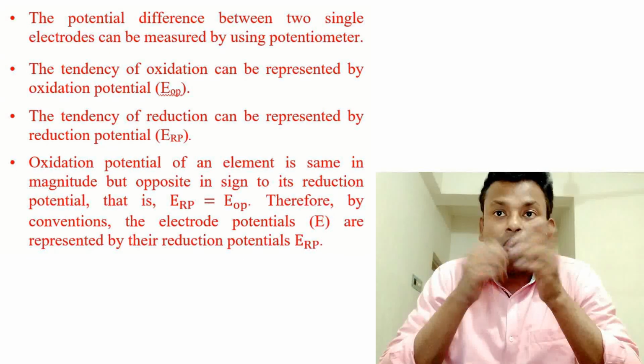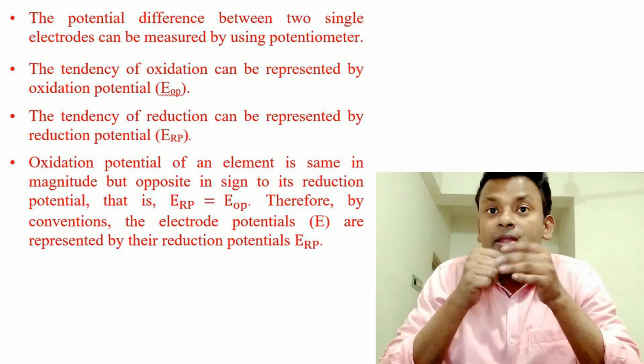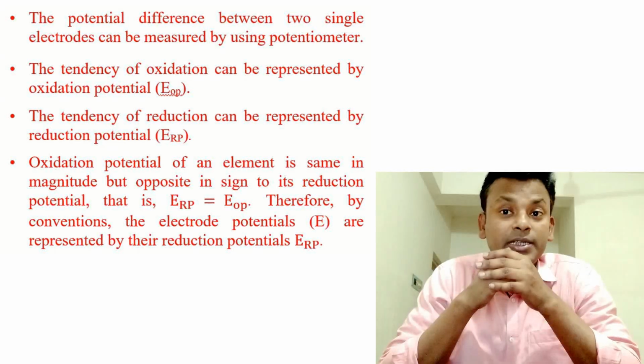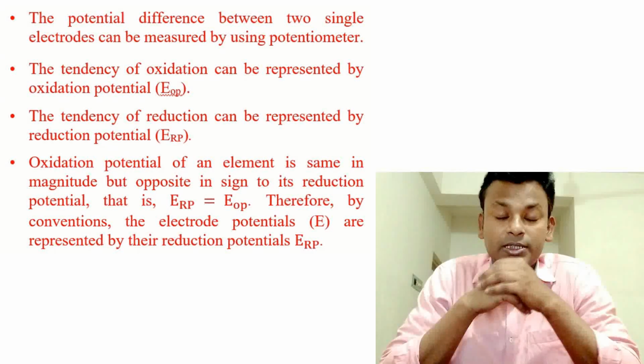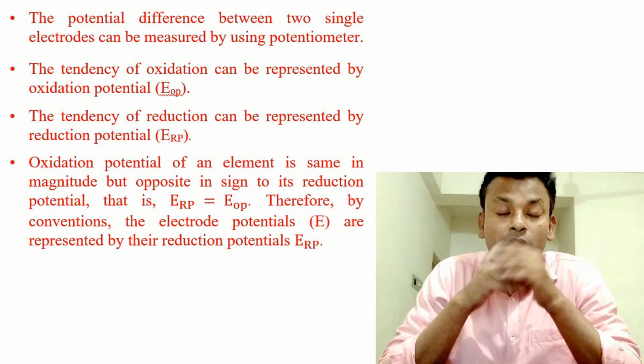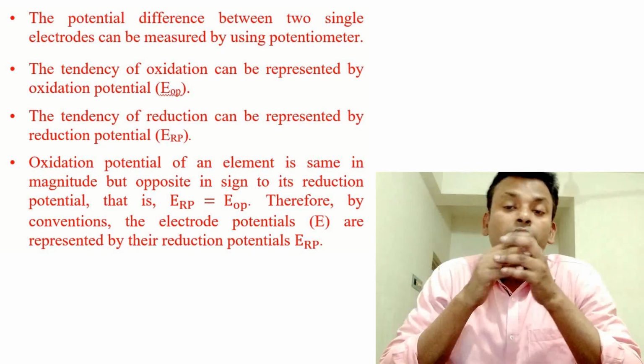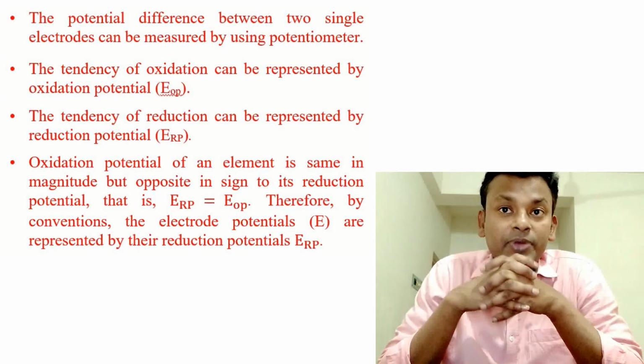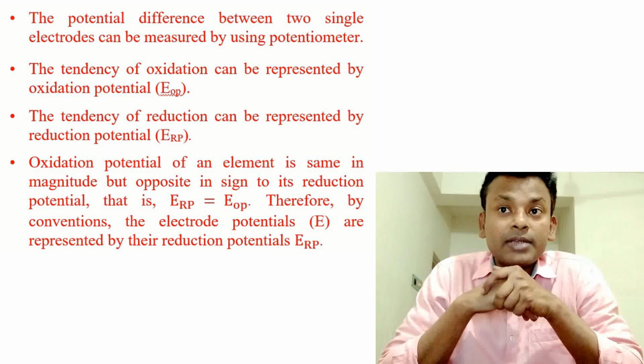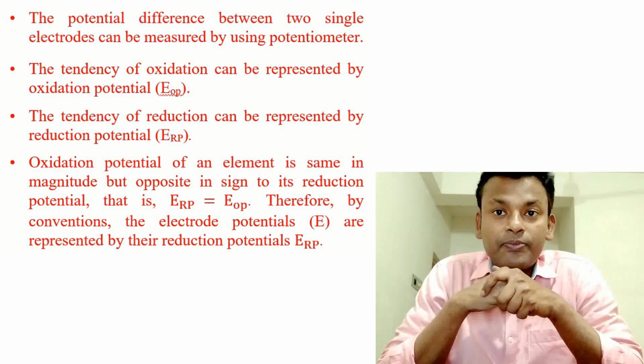The oxidation potential of an element is the same in magnitude but opposite in sign to its reduction potential, that is ERP equals minus EOP. Therefore, by convention, the electrode potentials are represented by their reduction potential, that is ERP.